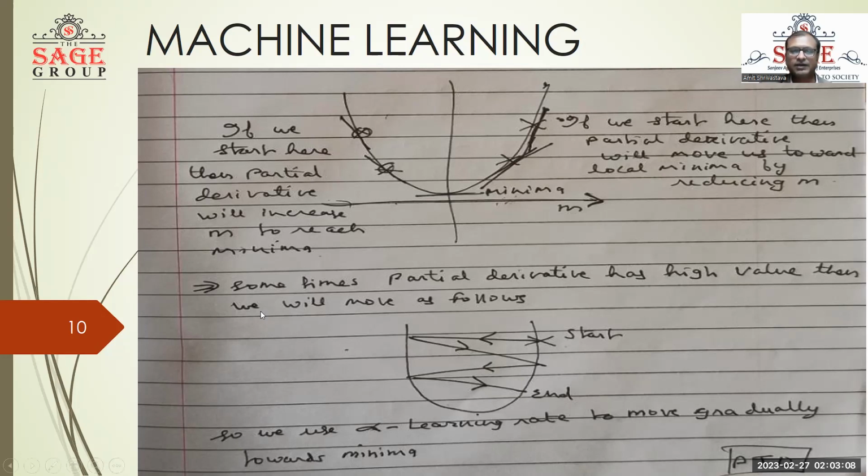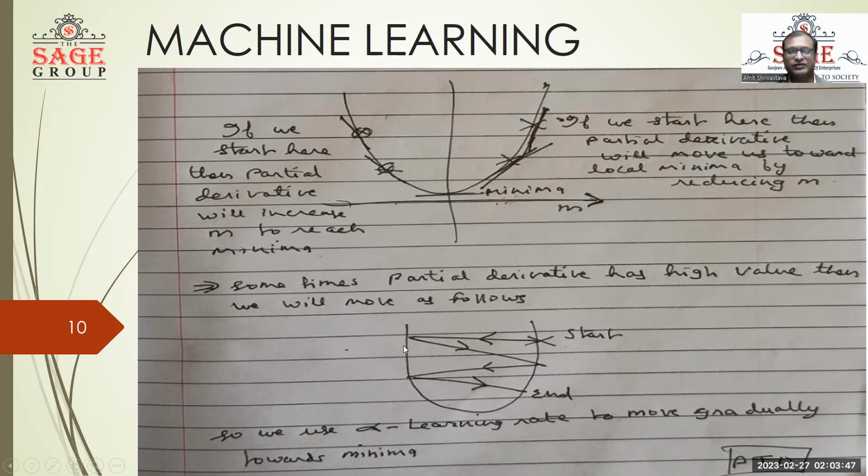Now sometimes this partial derivative has a high value. Then it will never move slowly towards the minima, but it will move to and fro like this. Suppose I am at present here, and I need to decrease M. If the value of the partial derivative is very high, then I will reduce M, but it will not come here slowly; it will directly jump to the negative side.